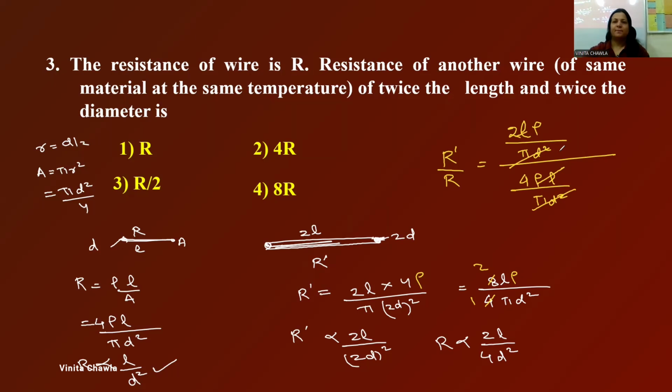What will you get? 2 upon 4. R dash upon R is 1 by 2. And here also we are getting the same thing. 1 by 2. So R dash is equal to R by 2.